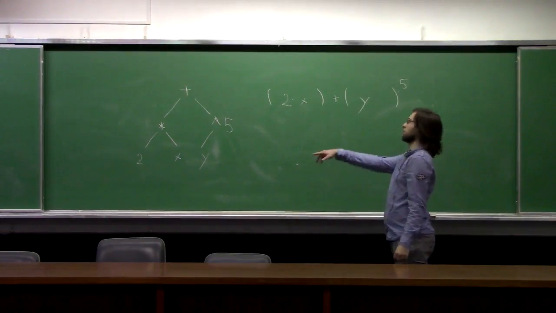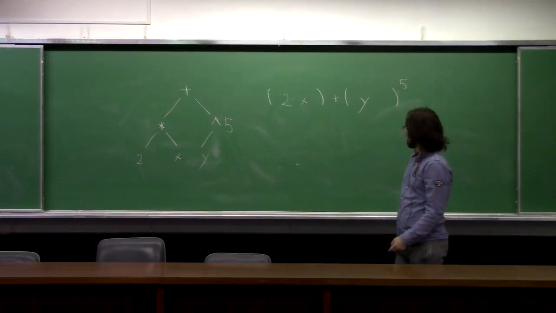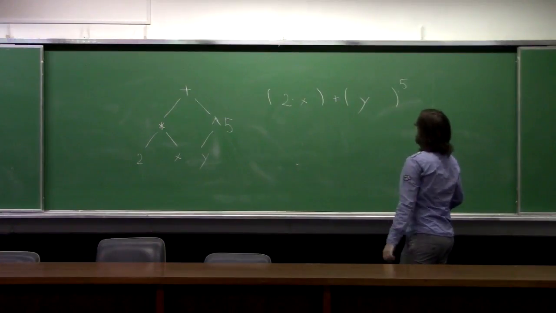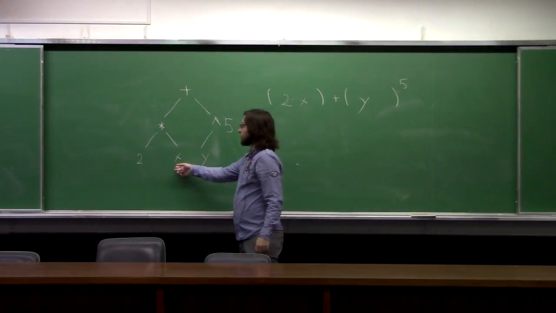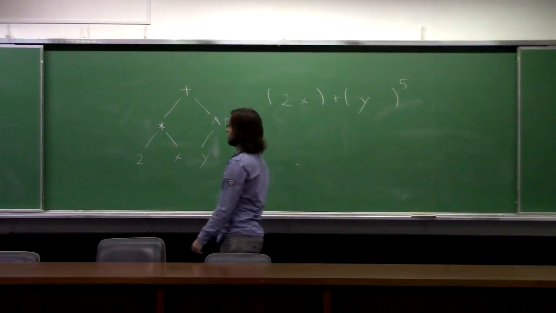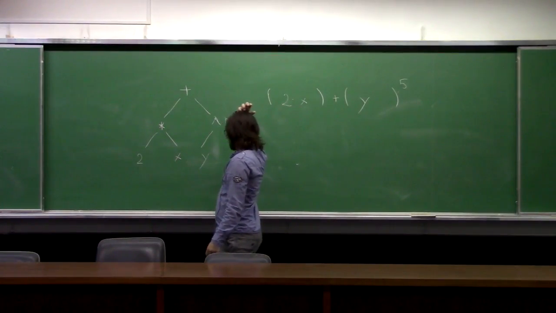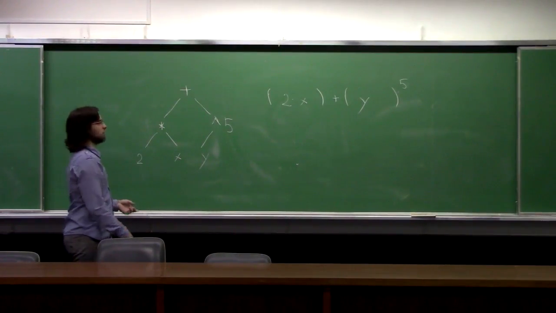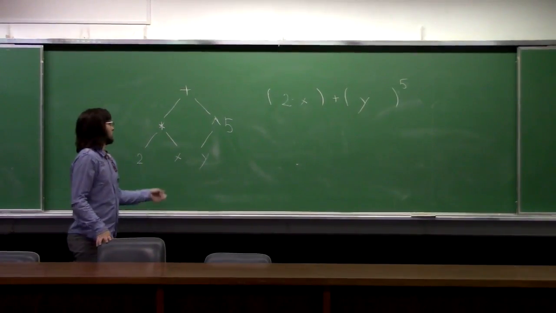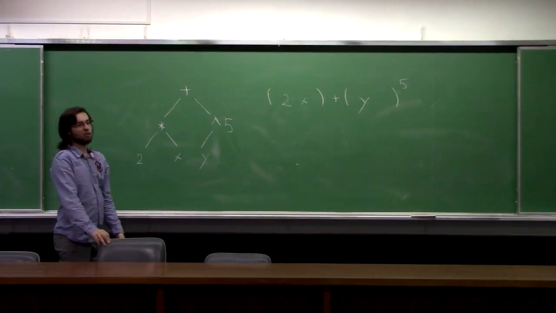So for example, this would be the tree for this simple expression. Each variable only appears once, and it should be a leaf. All the leaves are either numbers or variables. All the internal nodes are operations.